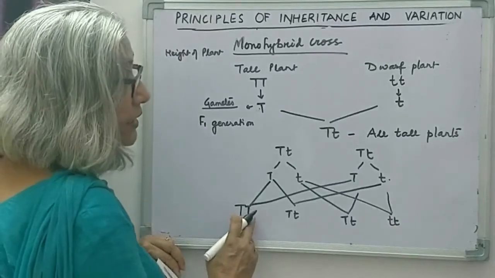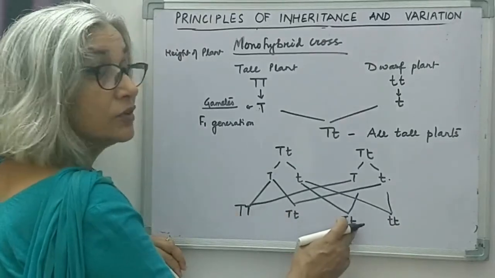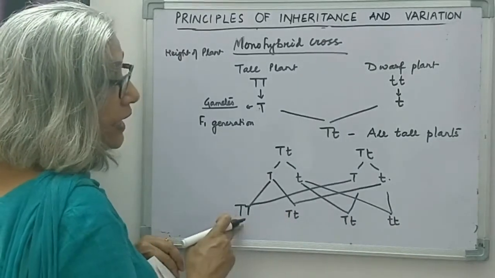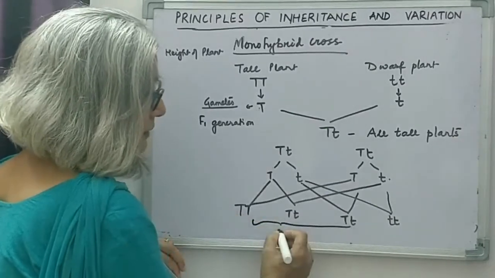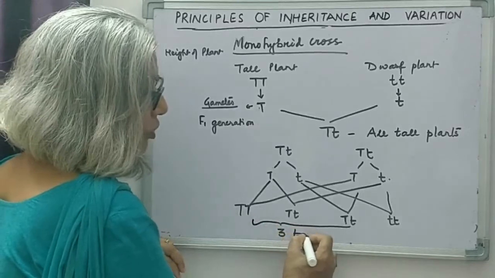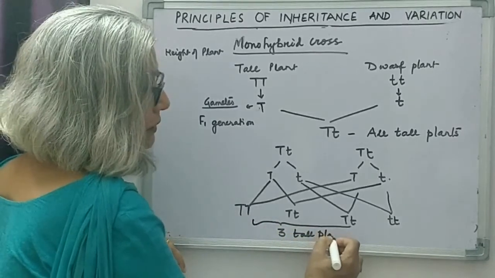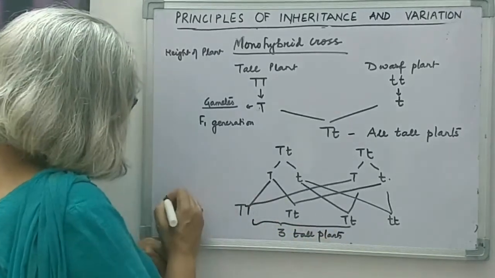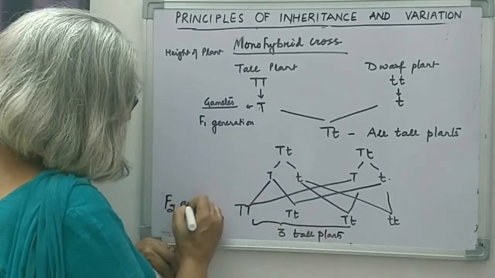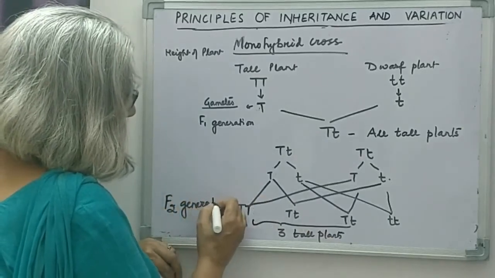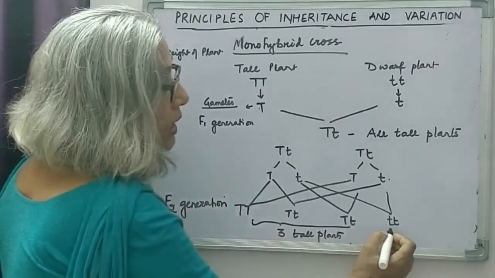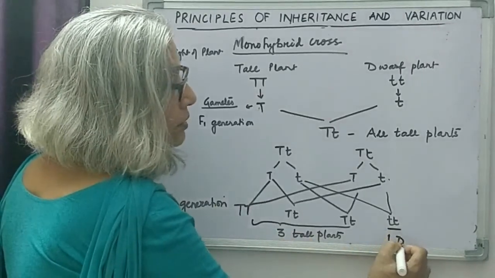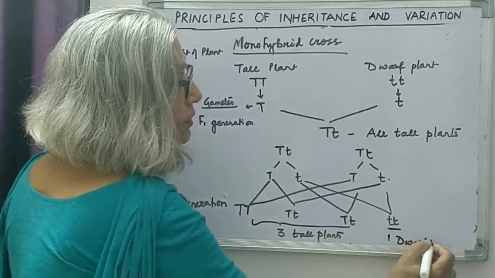So, the external appearance in these 3 cases is going to be tall plants. In F2 generation, we are going to get 3 tall plants and 1 dwarf plant.